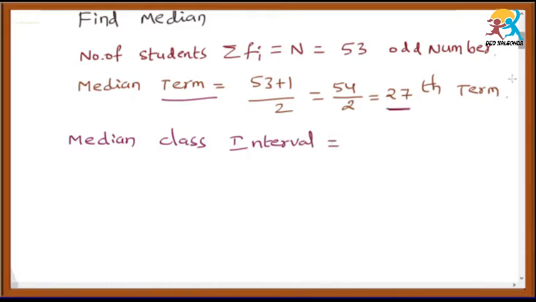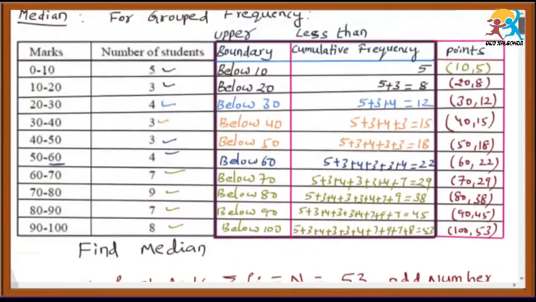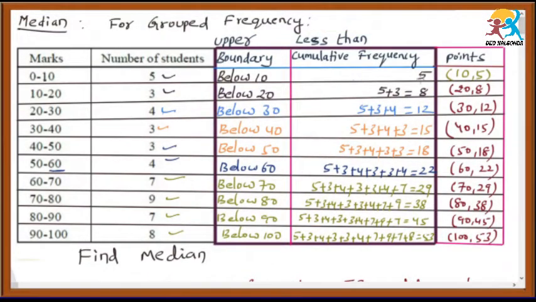So the 27th term, just observe: in the cumulative frequency, up to 5 terms the class marks will be 0 to 10, and up to 8, that means after the 5th term, that means 6th, 7th and 8th terms, will be the 10 to 20 class interval. After the 8th term, from the 9th term to the 12th term, the class interval will be 20 to 30.